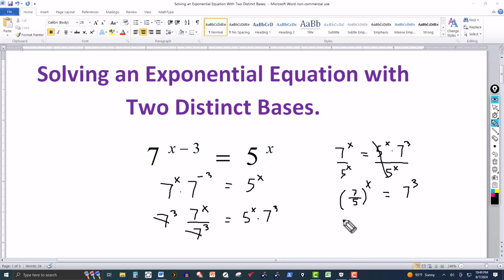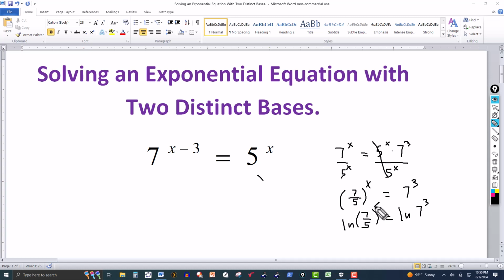But I take the natural log of both sides here. Again, I could have used base 10, but this is what I have right here. Another property of logs here, this exponent can come as a coefficient. I can move this exponent here, the same thing with this one.